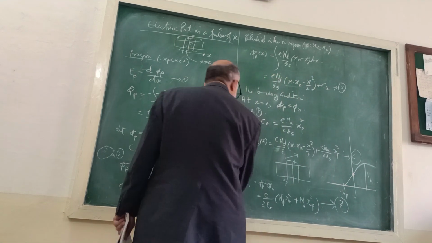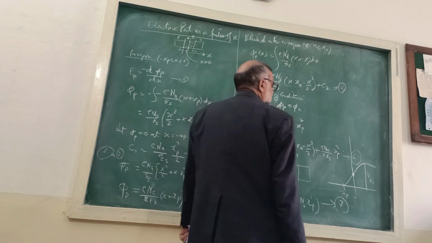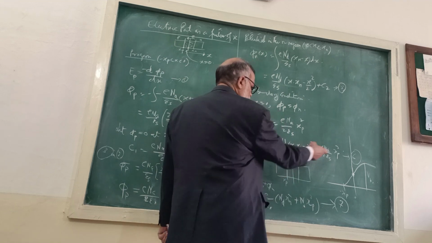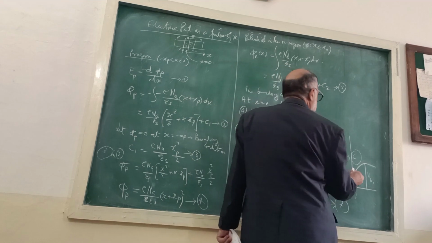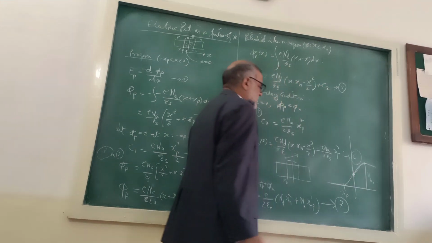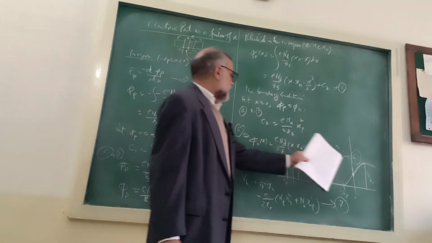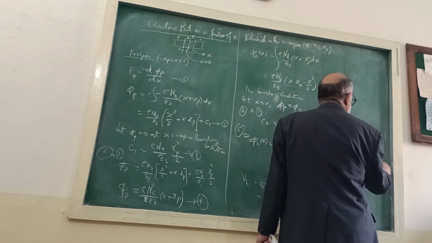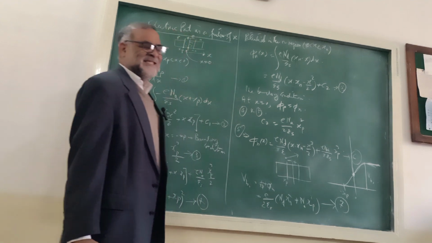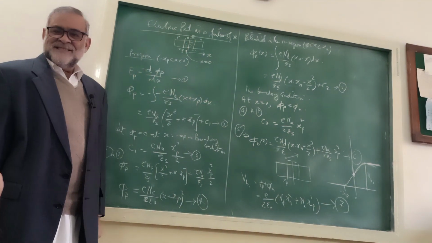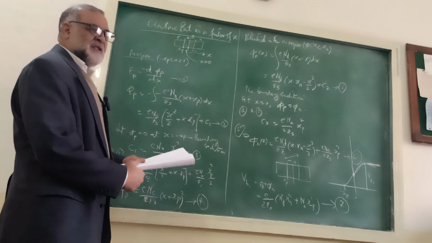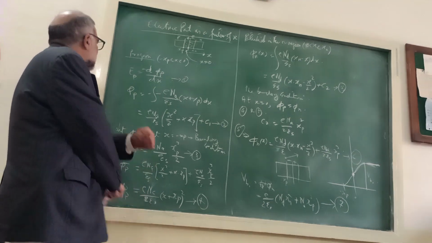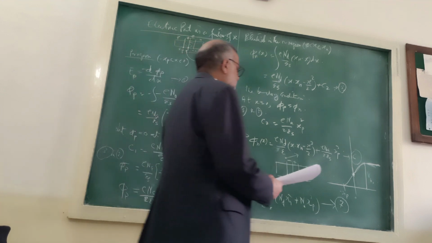You will get a line like this, so the potential from here to here will be constant.